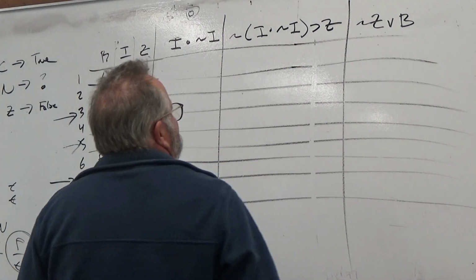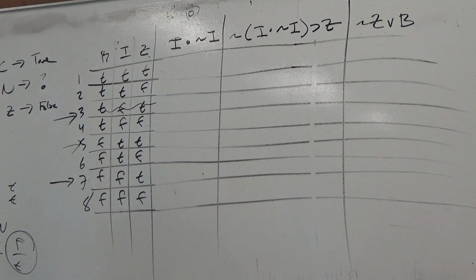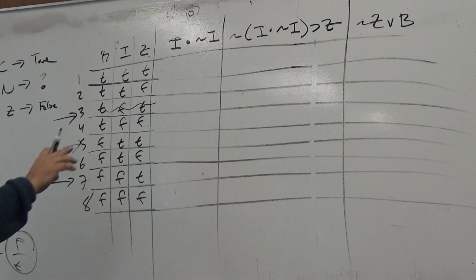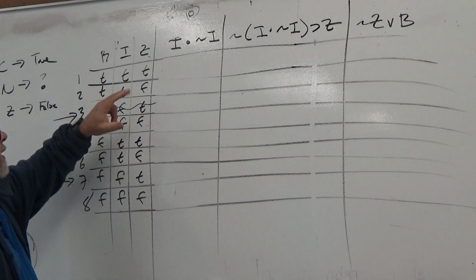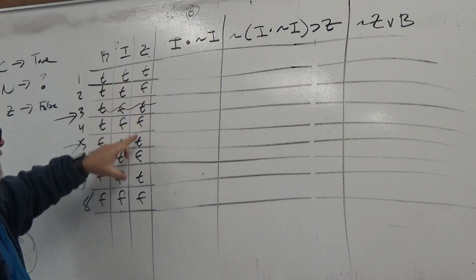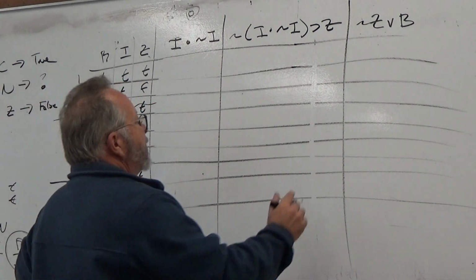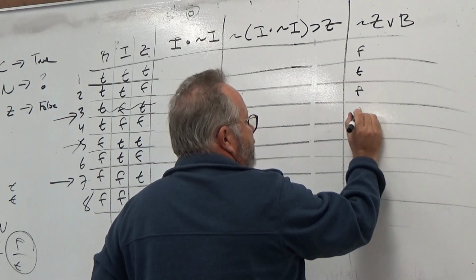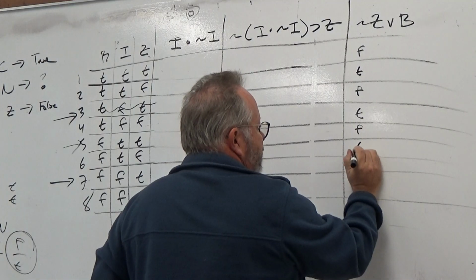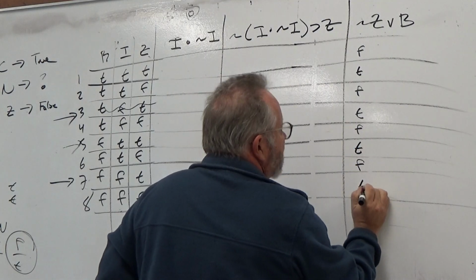The very first thing that we should do, remember our overall strategy is to try to prove it's invalid. So we should calculate the conclusion first. It's not Z or B. So instead of looking back and forth for not Z, I'm just going to reverse this Z column. So not Z goes false, true, false, true, false, true, false, true.